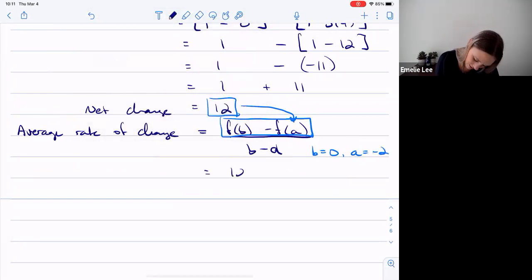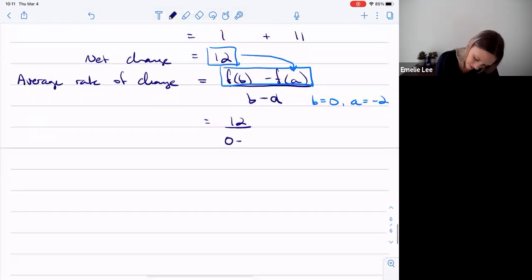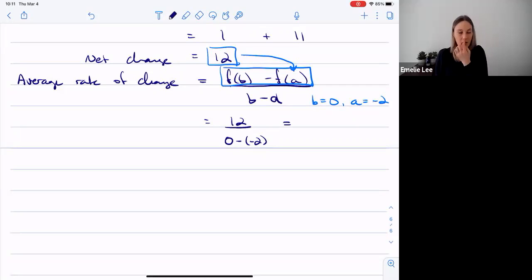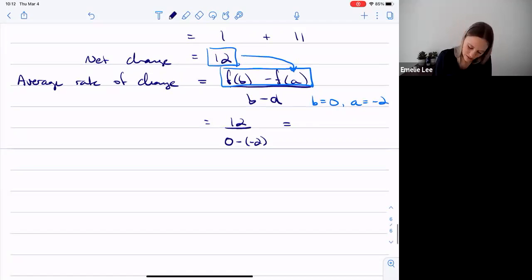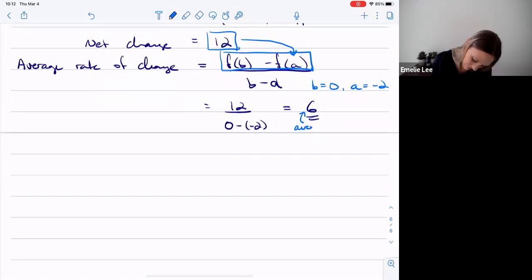So then I get 12 divided by 0 minus negative 2, which is going to be 12 divided by positive 2, which is going to be 6. So that's my average rate of change, is 6. I crammed it in on this page here, my average rate of change.